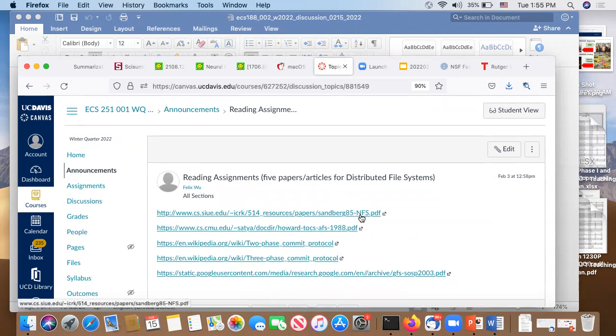You can see the first paper is on the Network File System. The second paper is AFS, but I replaced that paper with another one, which I think is better. Then this is just Wikipedia for 2-phase commit and 3-phase commit. And the last one talks about GFS, the Google File System. So those are essentially those 5 papers.